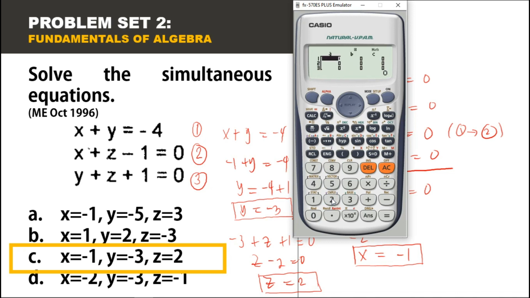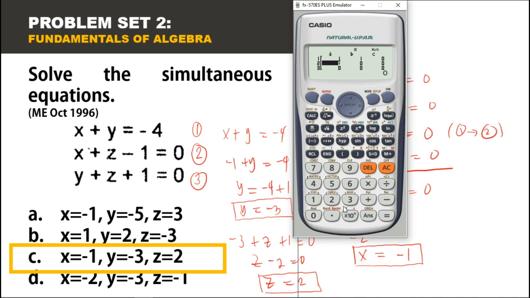For the first equation, the coefficient of x is 1. For y, you also have 1. For z, since we don't have a z variable in equation 1, that is 0. For the constant, we have negative 4.